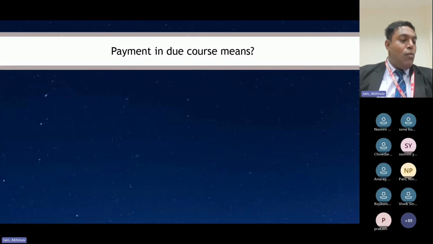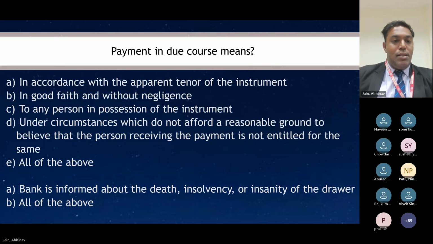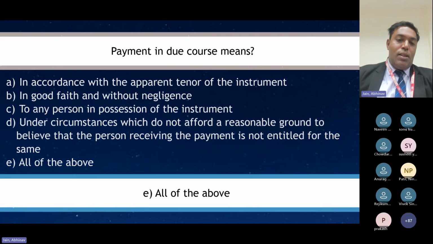Okay, let us move to the next part. What does payment in due course means? If the payment is in accordance with the apparent tenor of the instrument, if the payment is done in good faith and without negligence, the correct answer is all of the above.